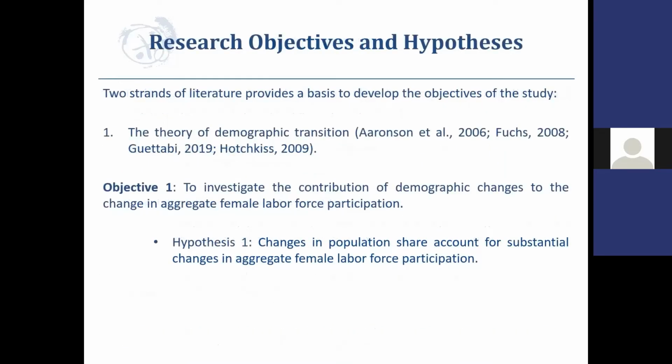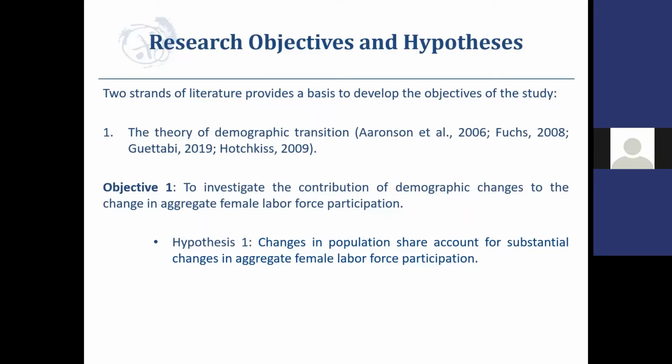There are 2 strands of literature that provide a basis to develop the objectives of my study. First is the theory of demographic transition, which shows the changes in population structure from high birth rates and death rates, along with low technological advancement, education, and development, to lower birth rates and death rates accompanying improved technology, education, and development.